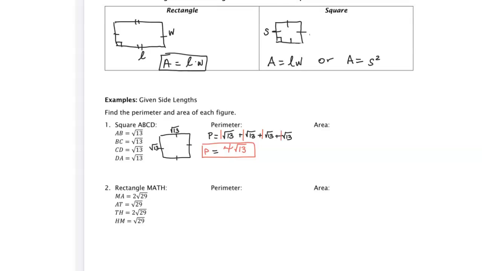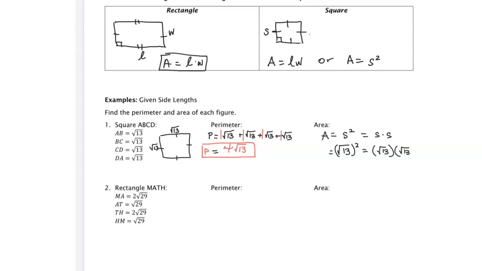Okay, as for our area, we are going to multiply our side squared. Or it's the exact same thing as our side times the side. So this will be equal to the square root of 13 squared, which is equal to the square root of 13 times itself.